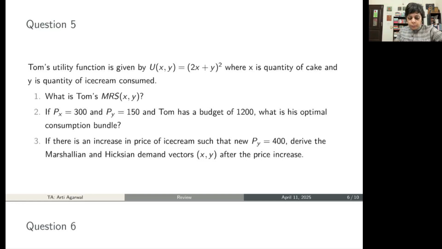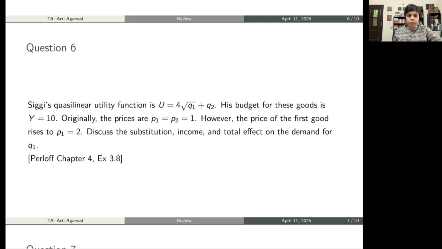You are given a quasi-linear utility function for some guy called Siggy. This is a question from Perloff, which is equal to 4 root q1 plus q2. Now we are just calling the consumption values q1 and q2 instead of x1, x2, and x and y. His budget is y equal to 10.